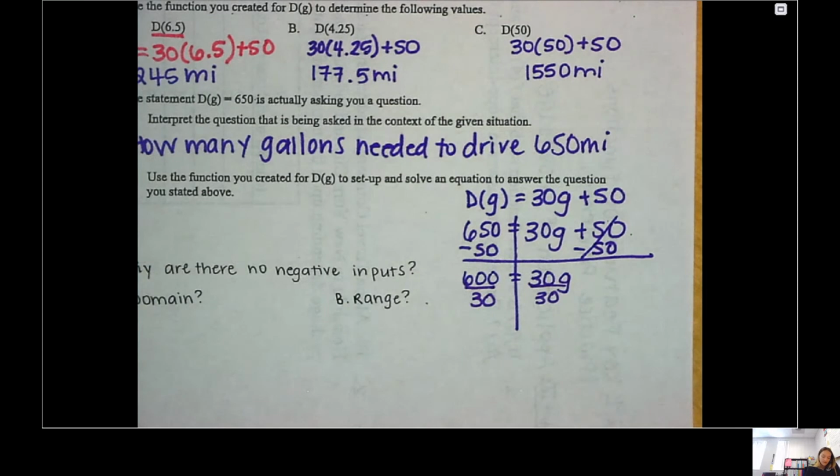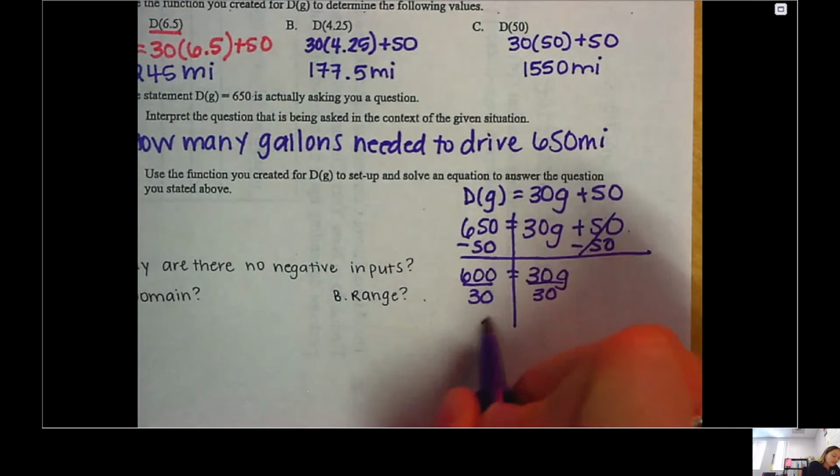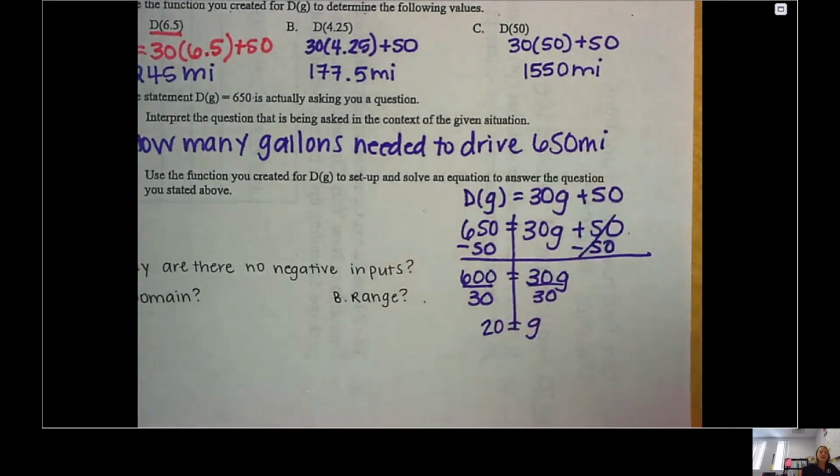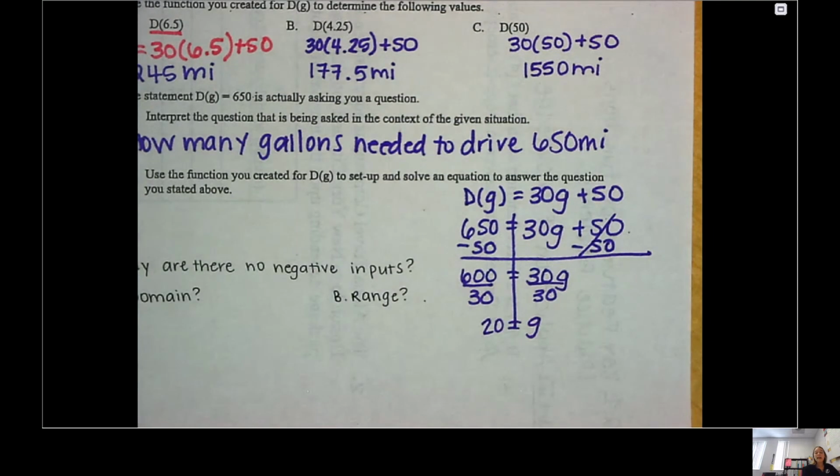G equals what? I think it's 50. It's not 50. It's 20. Good attempt, though. So, how many gallons do you need to drive 650 miles? You need 20 gallons. Good.